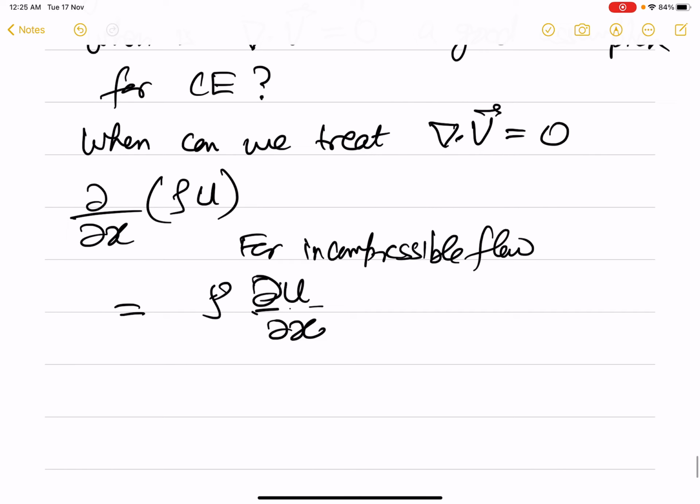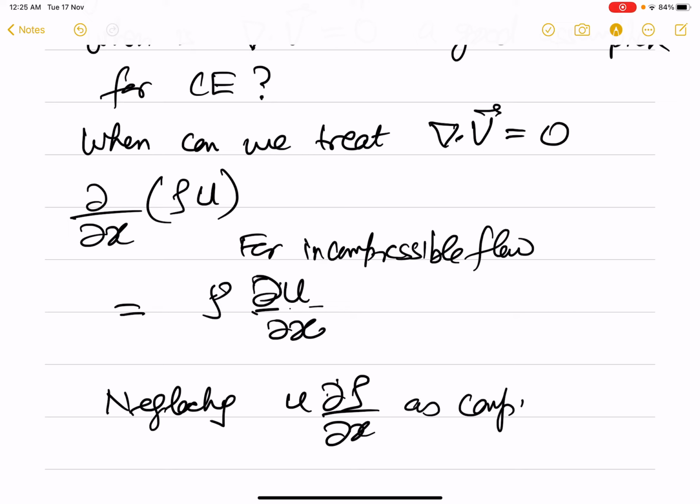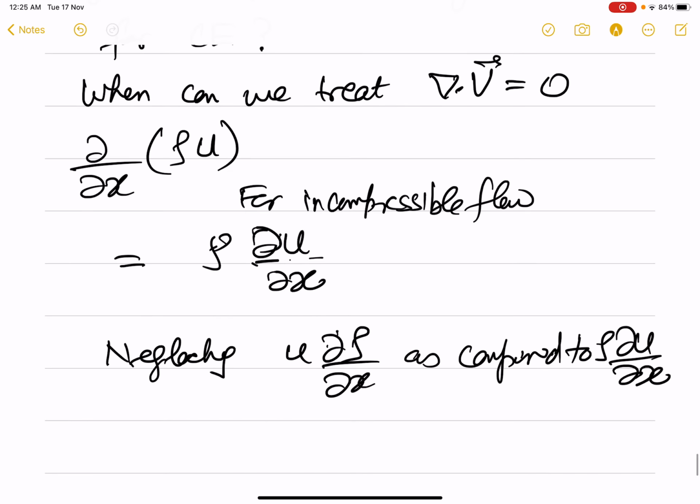That means we are neglecting u times partial rho by partial x as compared to rho partial u by partial x for incompressible flow.